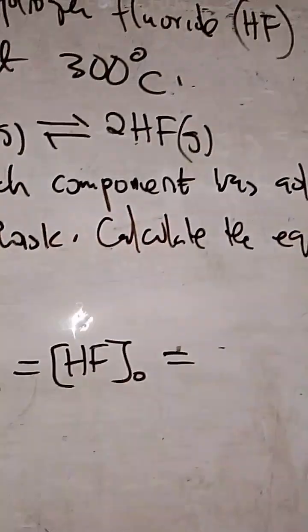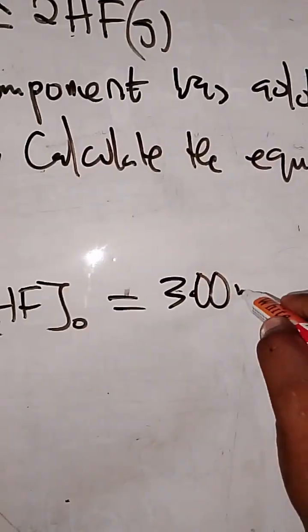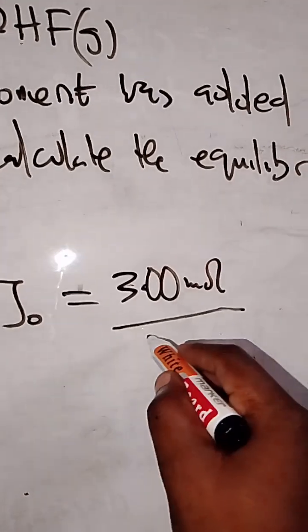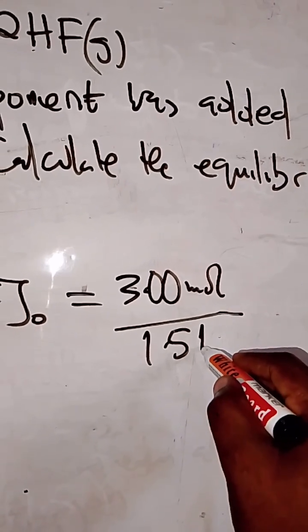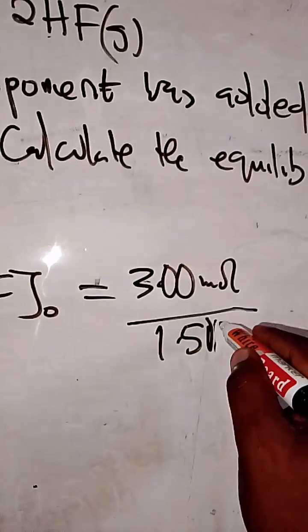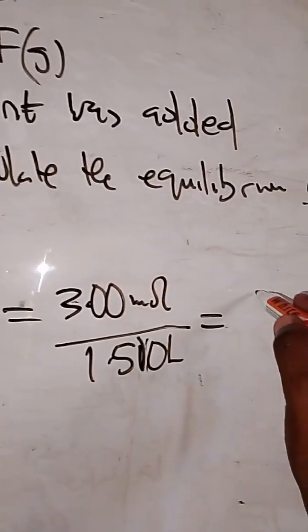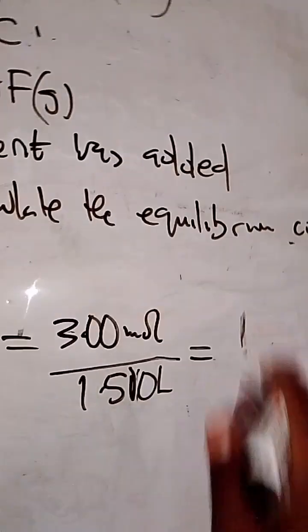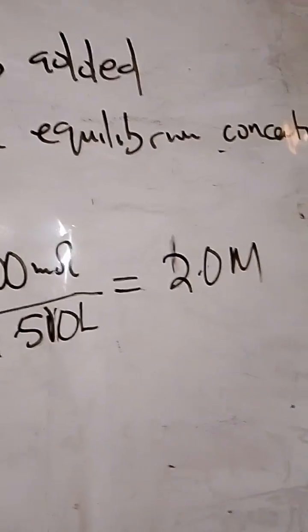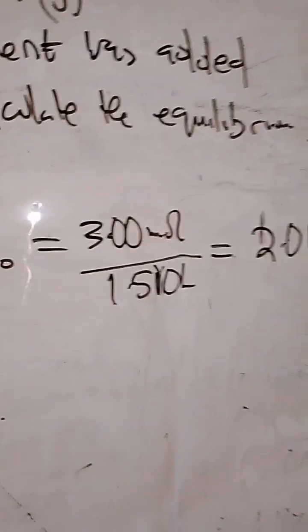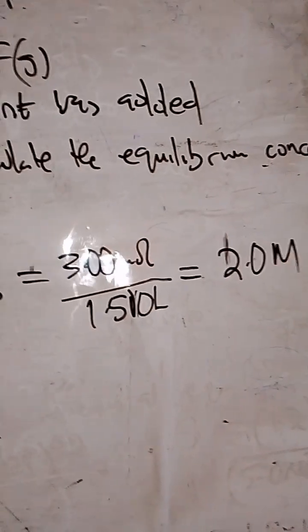So in this case, our initial concentration will equal 3.00 moles over 1.500 liters, which is 3 over 1.5, giving us 2 molar. So this is our initial concentration of all the species.